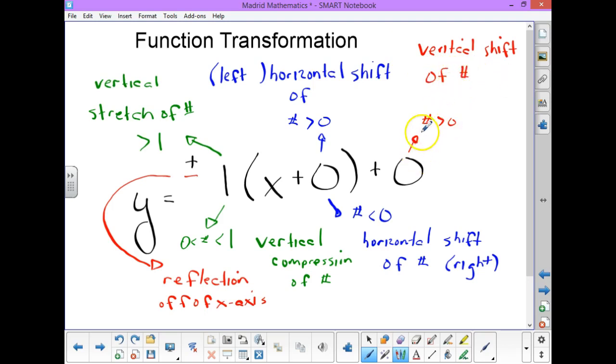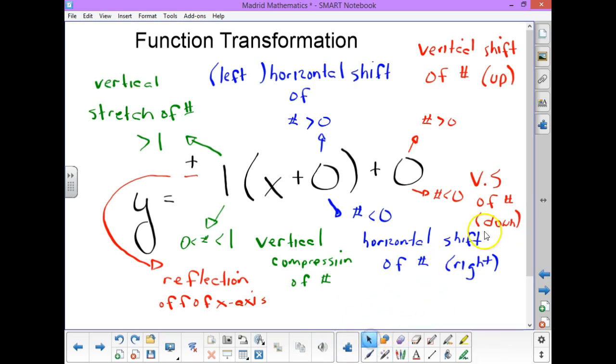Of course, to be bigger than 0 it'd be positive, so here you can say up, which is what you would think, unlike the horizontal one, which is a little counterintuitive. And if this number is less than 0, it's a vertical shift of that negative number, and it would go down. So you should have that written down.